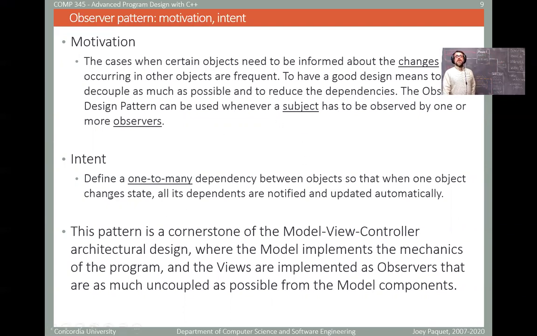Essentially you define a one-to-many dependency between objects, because you can have one model object. For example, you could have your map object, and you could have different views on the map. You could have your map and visualize it as a graph, like in the Warzone game, where you view the map as graphics and you can click on it. That's a way to represent the map.